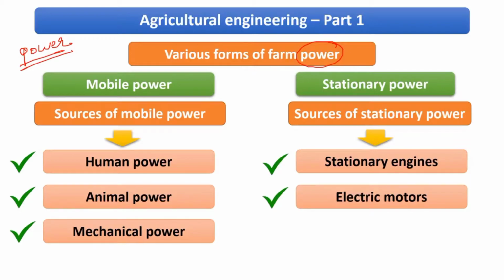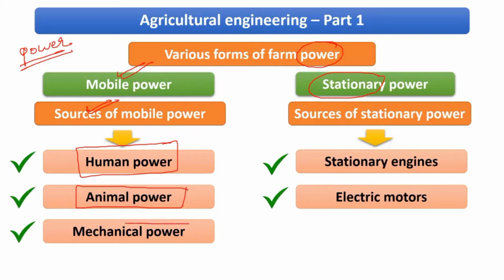Now this power can be in the form of a mobile power or it can be in the form of stationary power, right? So if you say mobile power, there can be various sources to it. There can be human power, where the human itself utilizes its energy and draws the implement across. Okay, it can be animal power. The animal can be acting as a source of drawing the implements across the field, right?